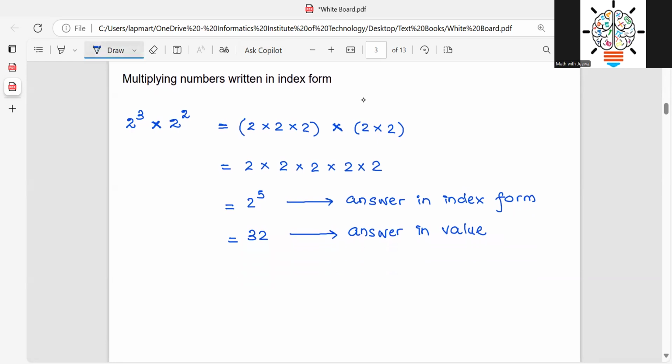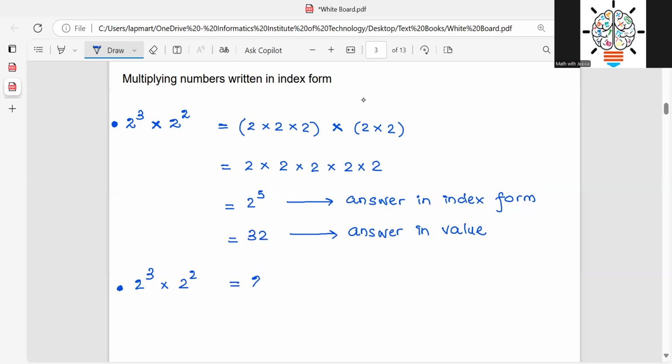Keep this in your mind. If you have the multiplication with the same base value, what you should do, I show you, if you have 2 to the power 3 multiplied by 2 to the power of 2, we have another way to do this.